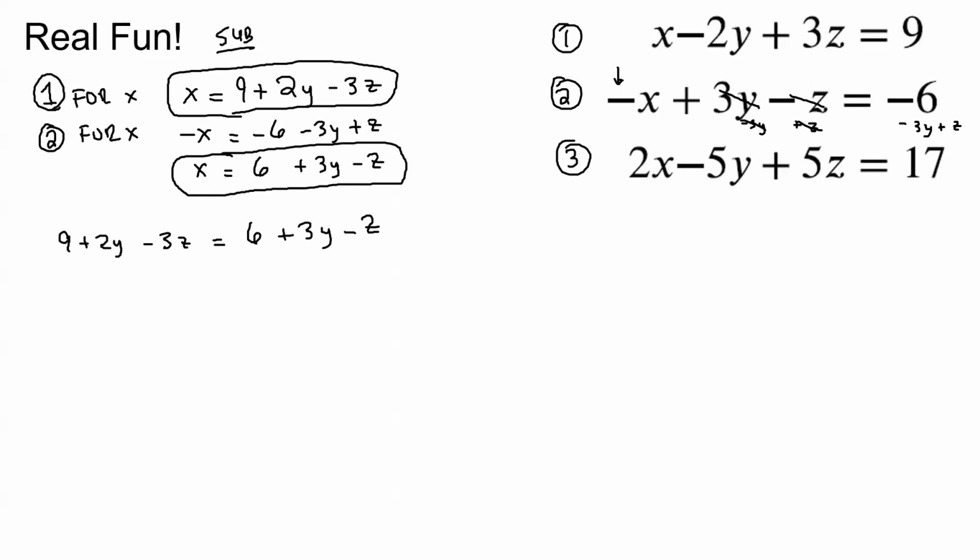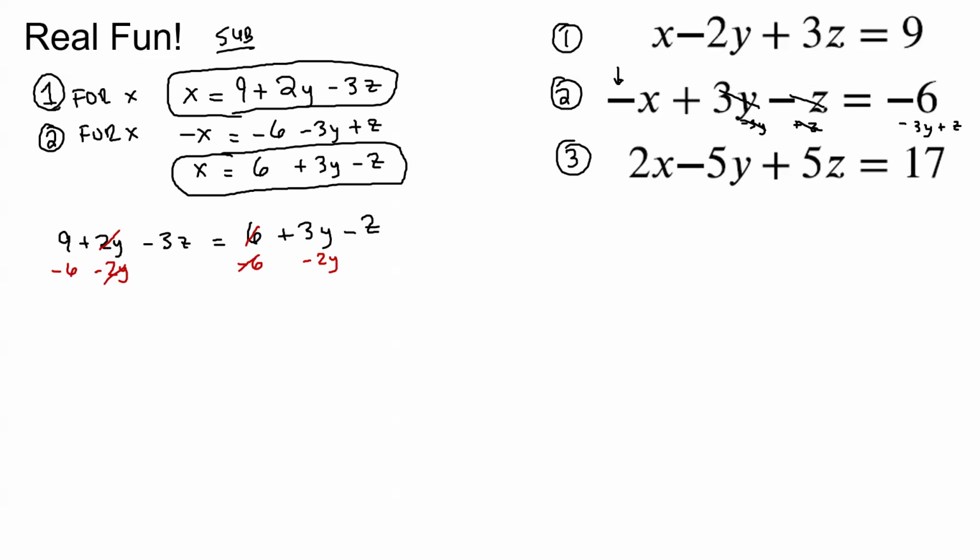I put these in the other order, but let's subtract 2y from both sides. I'll try to make some notes here to show what I'm doing. This would be negative 2y. That'll cancel that. I'd have to do it over here as well. Okay. And I'd also like to subtract 6 from both sides. Again, we're trying to get y by itself.